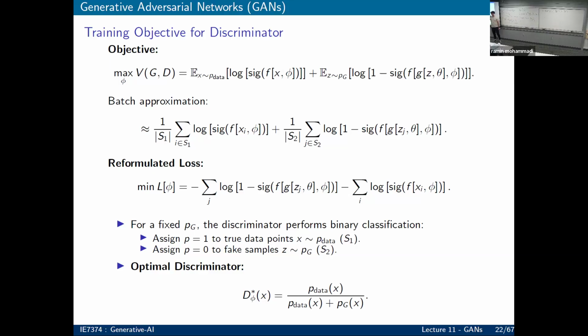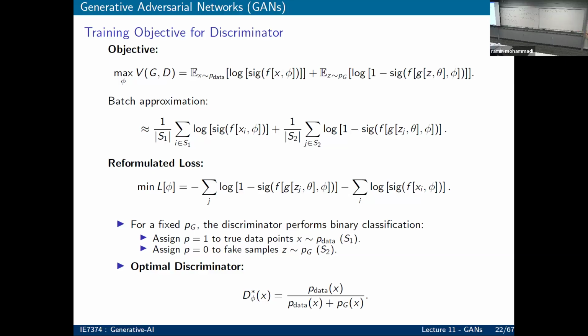You sample a point Z, you pass the Z to G, and it will produce a point. It doesn't matter what you call that point. From the discriminator perspective, it doesn't care if it's Z or X prime, it receives a point. So you can write it with respect to the same variable. The discriminator gets X as an input and maps X to Y. X could be real, could be fake. Does that make sense?